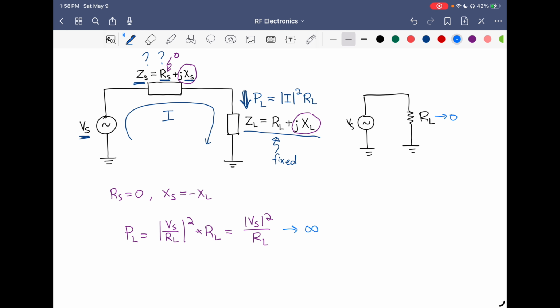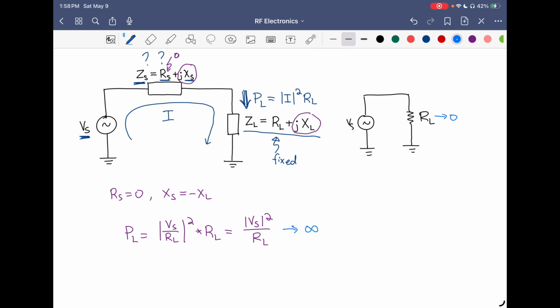It's just the ideal sinusoidally varying voltage source. And we have a very, very small resistor. In that case, we can essentially deliver a huge amount of power, approaching infinite, to this small resistor. And that would give us almost infinite power that's delivered to the load.